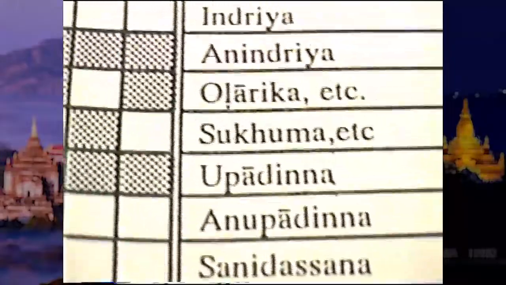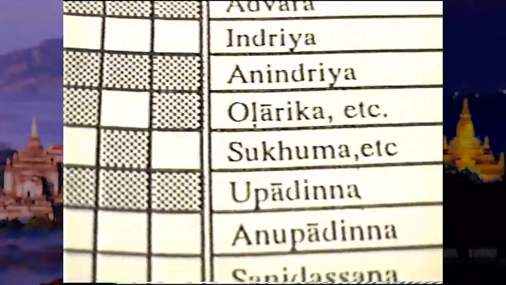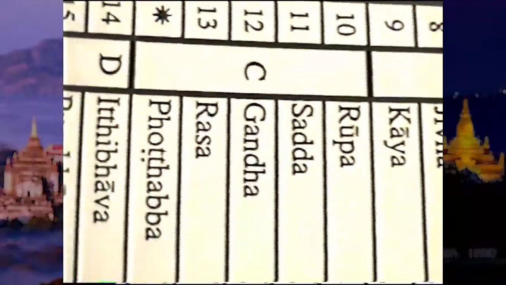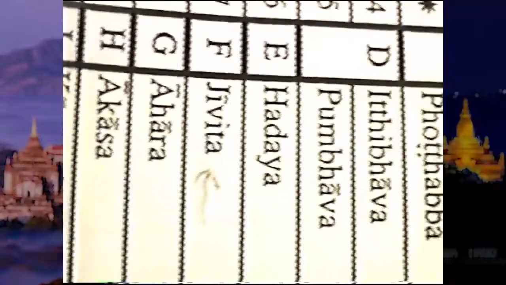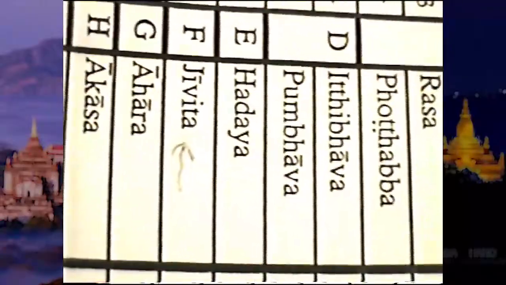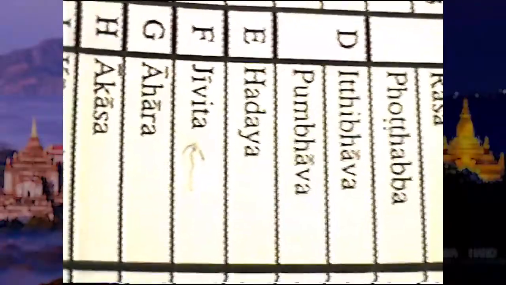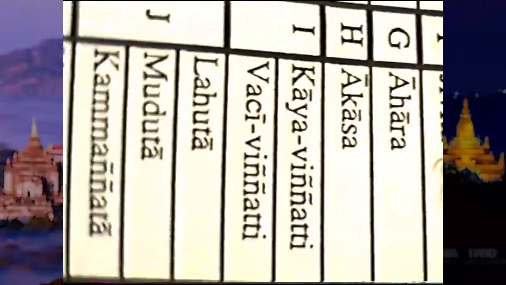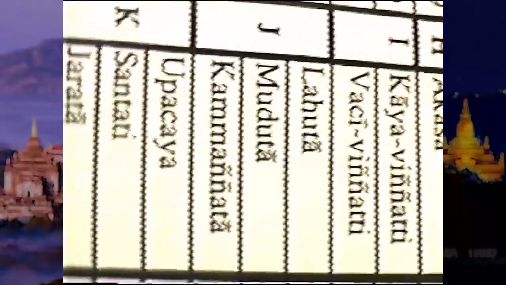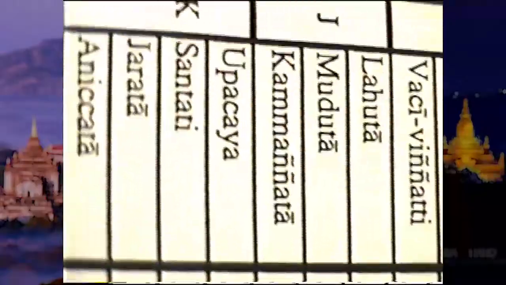So 4 essentials, and then 5 sensitivities, and then rupa, gandha, rasa, photthabba, and then itthibhava, pumbhava, hadaya, jivita, ahara, and space, akasa, altogether 18. And the others are anupadinna.